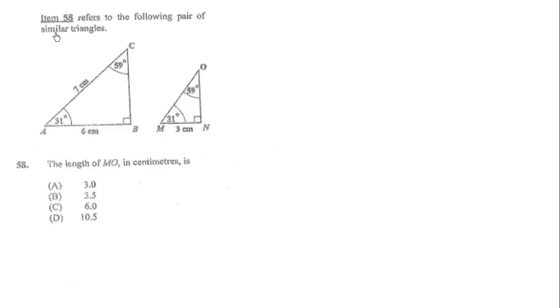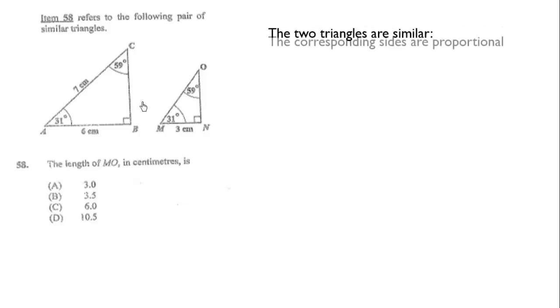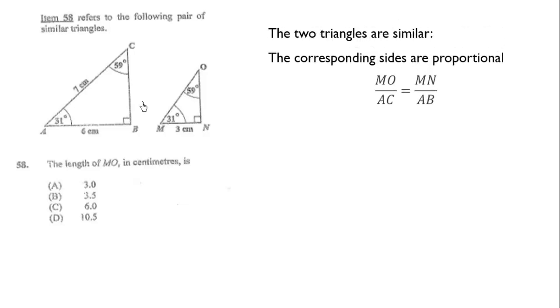We have this item 58 refers to the following pair of similar triangles. The length of MO in centimeters is, so we know if two triangles are similar, then the corresponding sides are in equal proportion. So we take the proportion MO over AC to be equal to MN over AB.